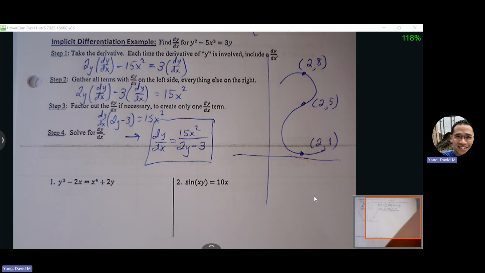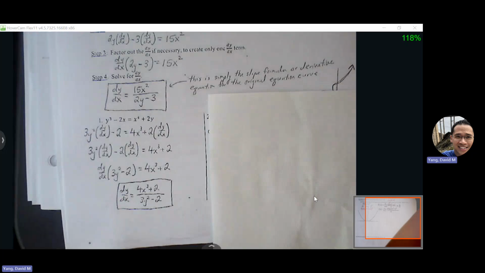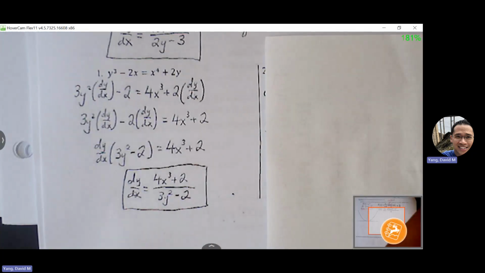I just made up my own method for number two. Are you starting with power? Yeah, I don't know what I'm doing. I got cos x y dy over dx equals 10. It looks like the other one worked.